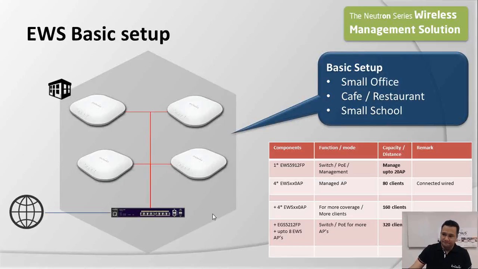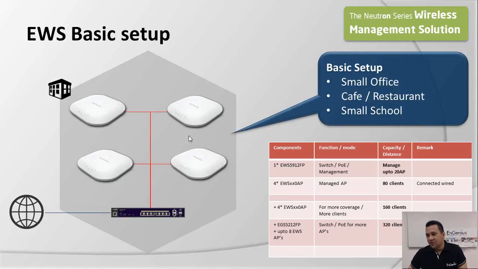Starting from this basic setup with 1 switch and 4 access points, we can cater up to 80 users, and we can actually easily extend this deployment into an environment to cater more than these 80 users.